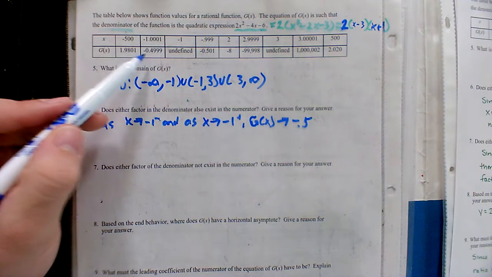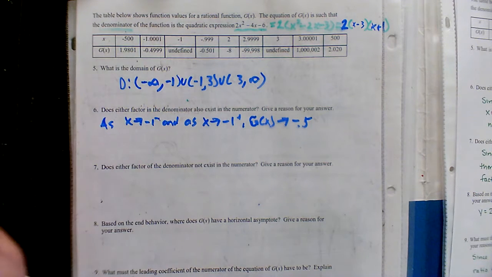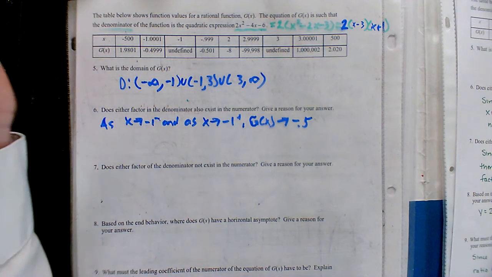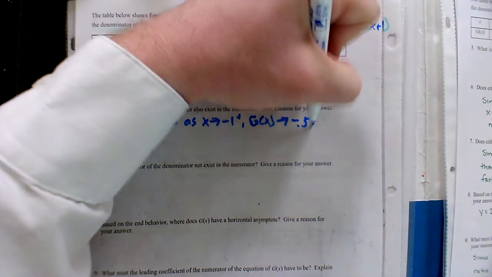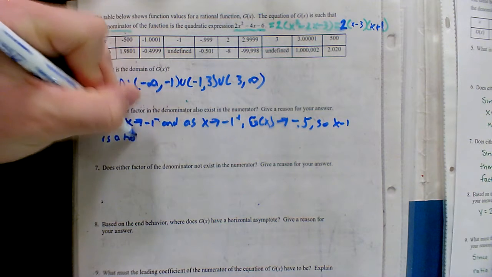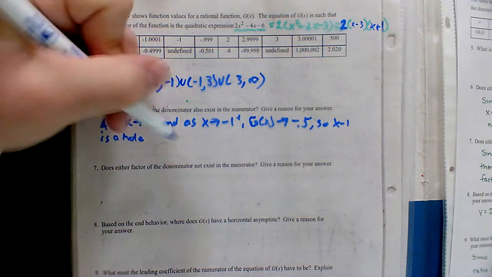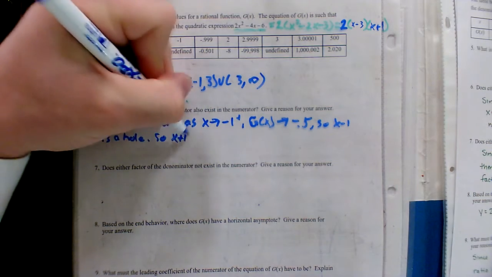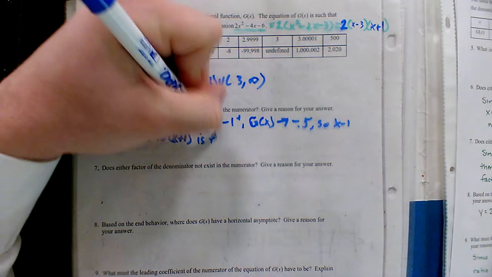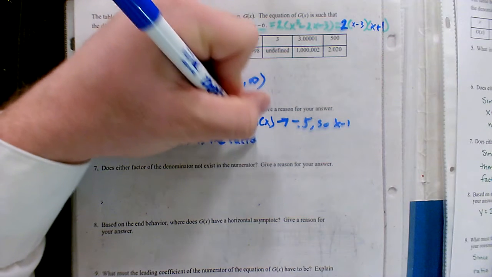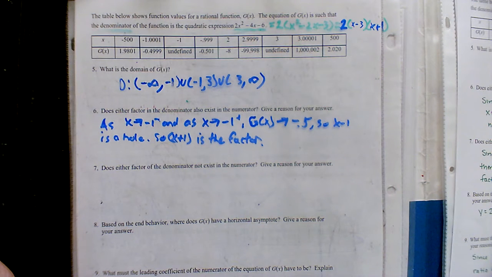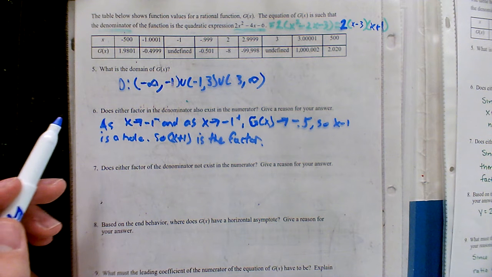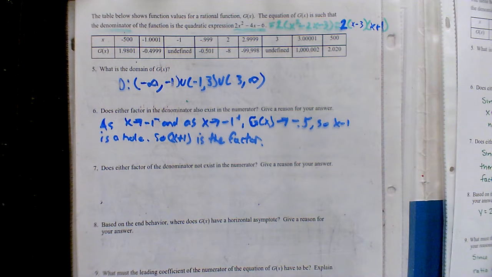If you look, we're approaching negative 0.5 here and approaching negative 0.5 on either side of that undefined. So we have a hole there. So x plus 1 is the factor. So that's the factor that would be on the top and bottom. And that's what they're asking for.